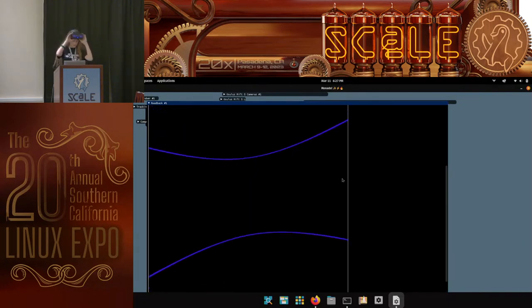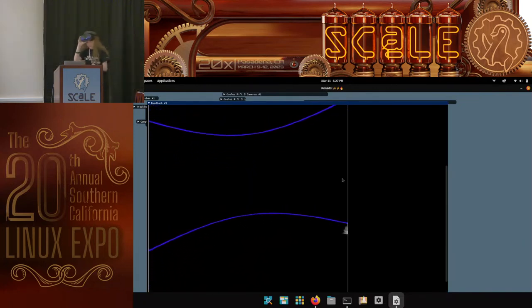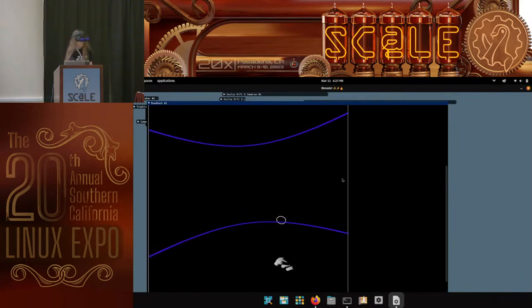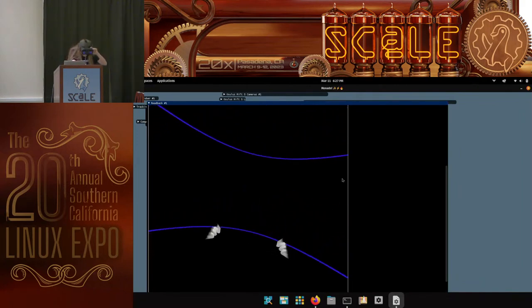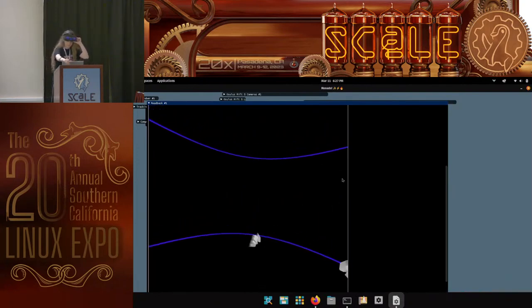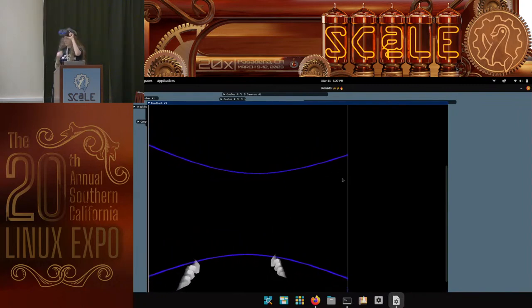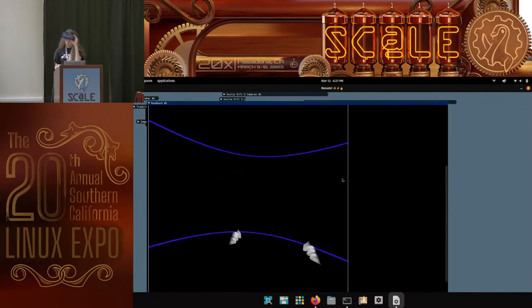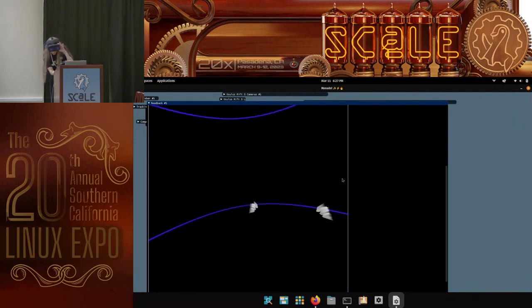Actually, if the demos aren't working, I do have a backup strategy, which is videos. Sorry, no, that's not the proper plug. Plugging in the SD card with all the videos to show off. Because this thing does work.